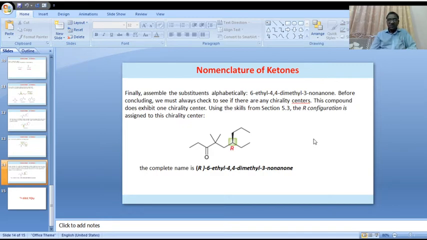Next, we will discuss isomerism in ketones. Ketones show three types of isomerism. First, chain isomerism, which is based on the carbon chain. For example, methyl propyl ketone: one side methyl and another side propyl, with the ketonic function in the center.